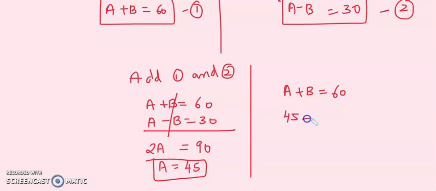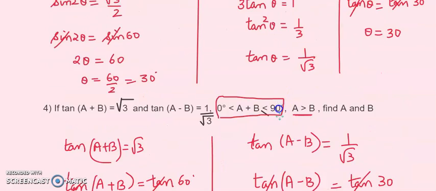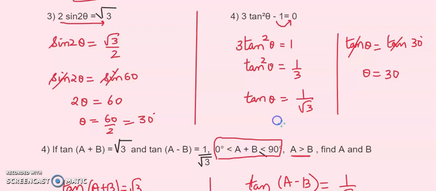A is 45, plus B equals 60. So B is 60 minus 45. So B equals 15. As per the question, A is greater than B. Okay, and when I add them, it is 60. When I subtract them, it is 30. Right? Hope you have understood how to solve the trigonometric equations. Thank you.